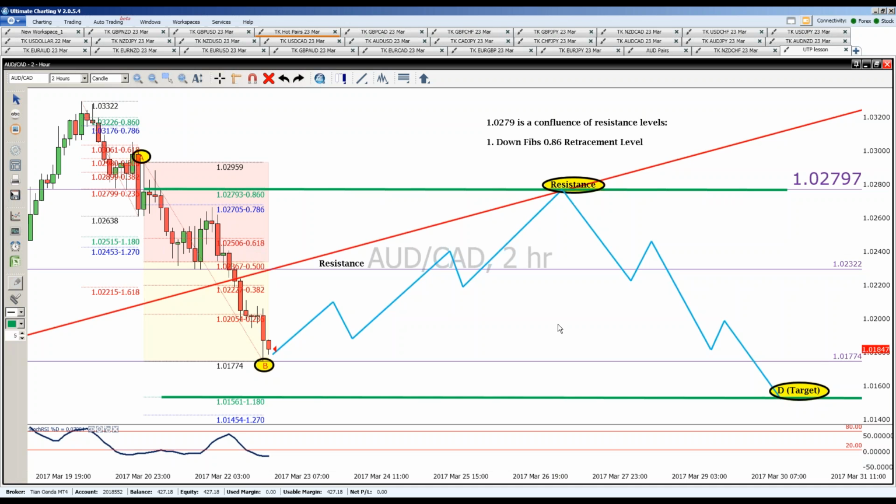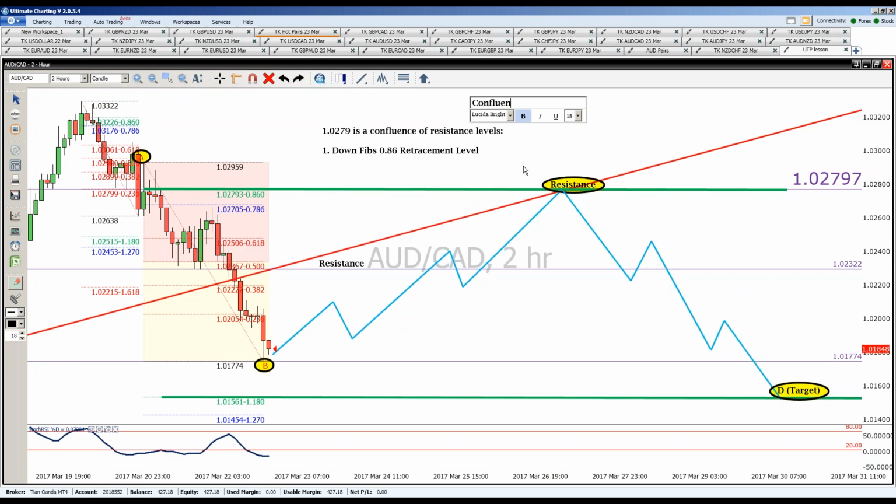Tom says, please explain the confluence. Okay. Confluence just means a level where multiple resistances or supports meet.